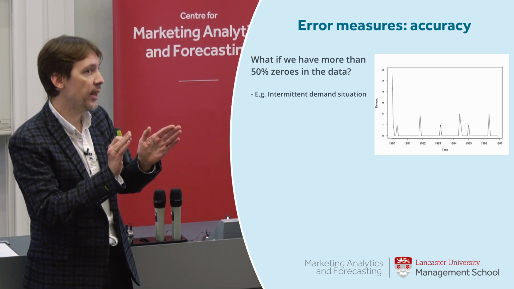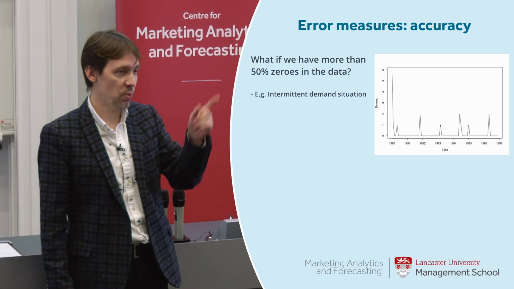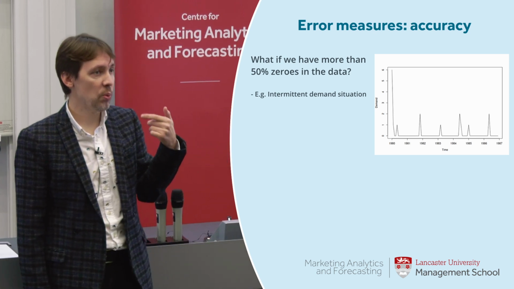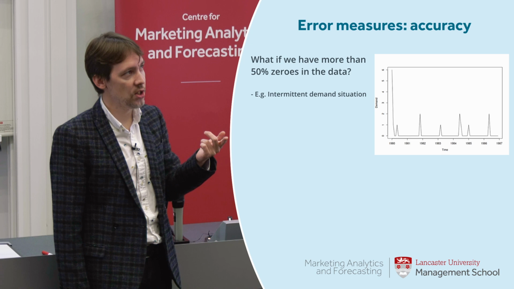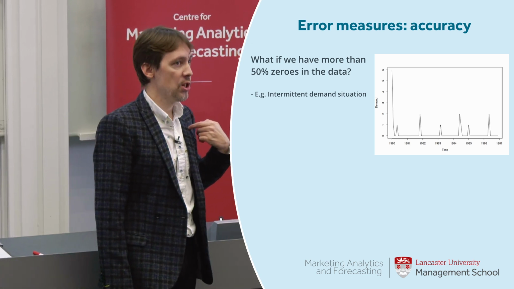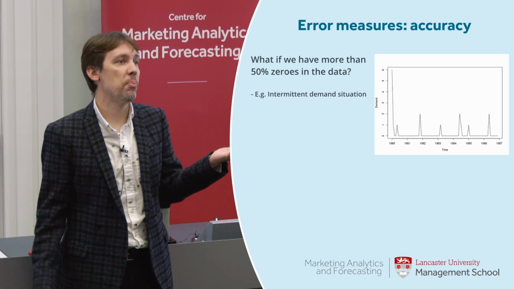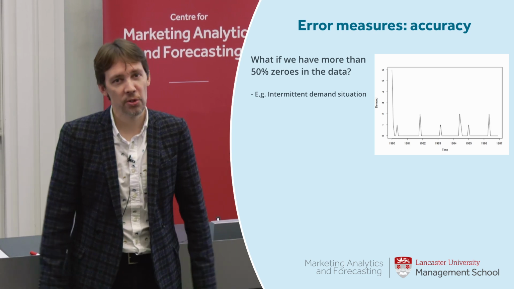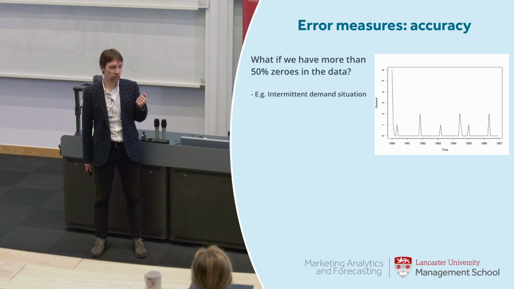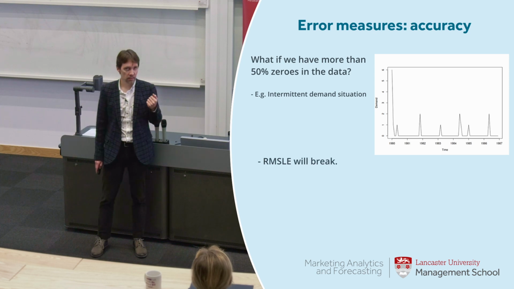So you need to be very careful with the error measure that you use, because as we discussed, mean absolute error is minimized by the median. So it will tell you that the best forecast in this situation is a 0 forecast. But this is not useful for decisions. What's the point in saying that, oh, we will not sell anything anyway, so let's not stock? No, that doesn't help in practice. We need to have something to make decisions.